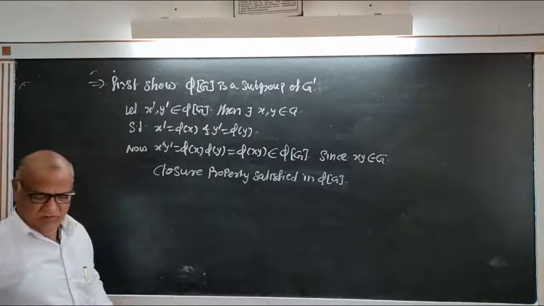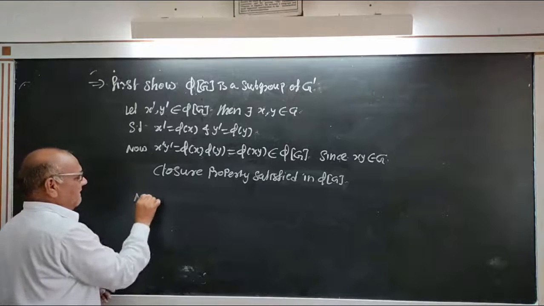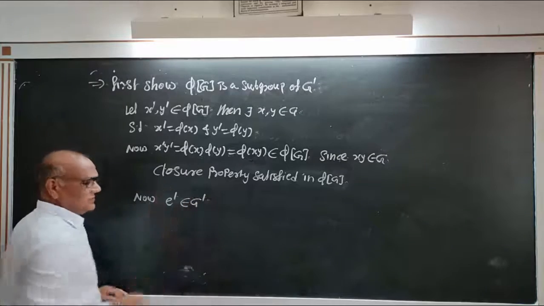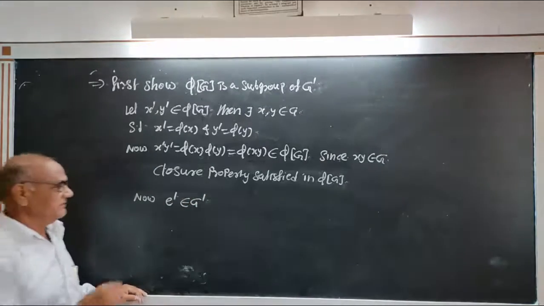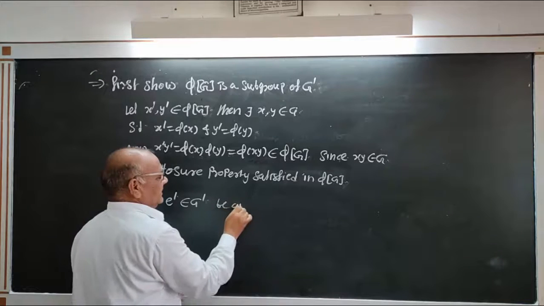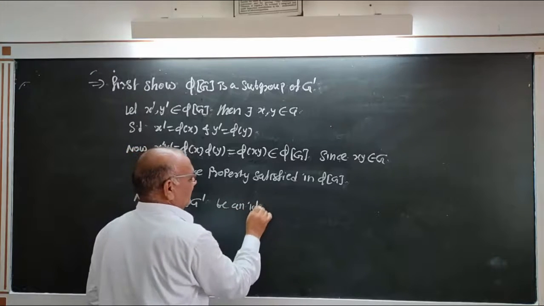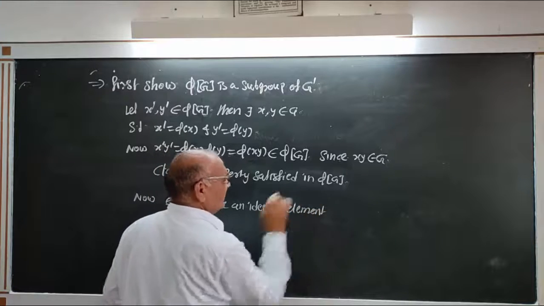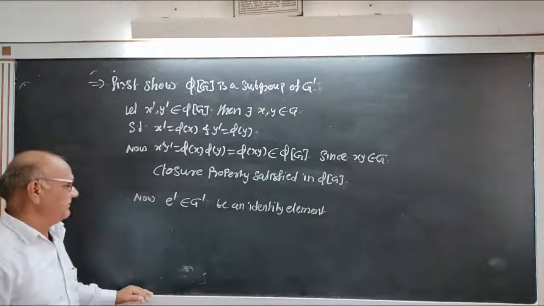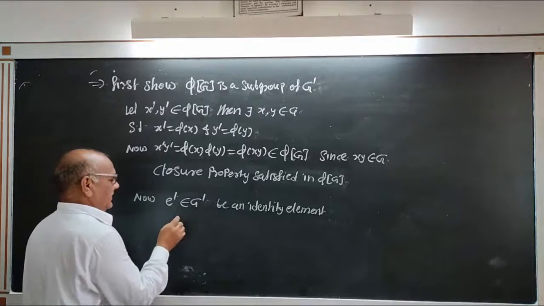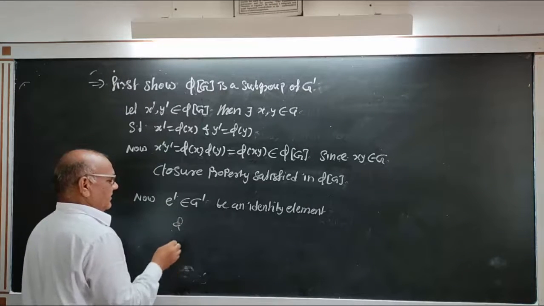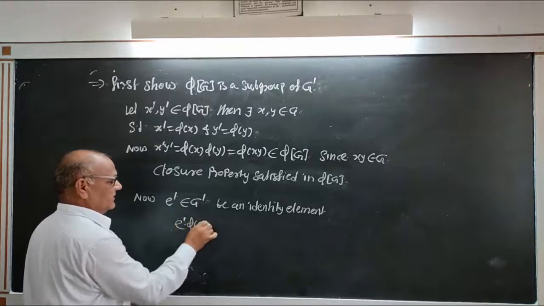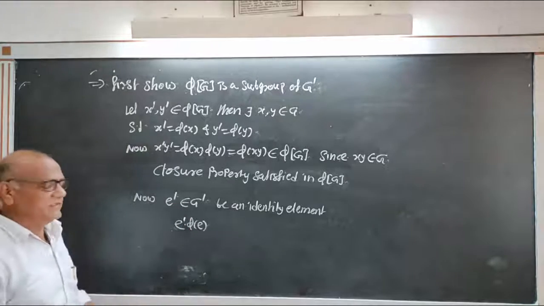Now let E dash belonging to G dash be the identity element. Then E dash into phi of E is equal to phi of E, since phi of E also belongs to G dash.